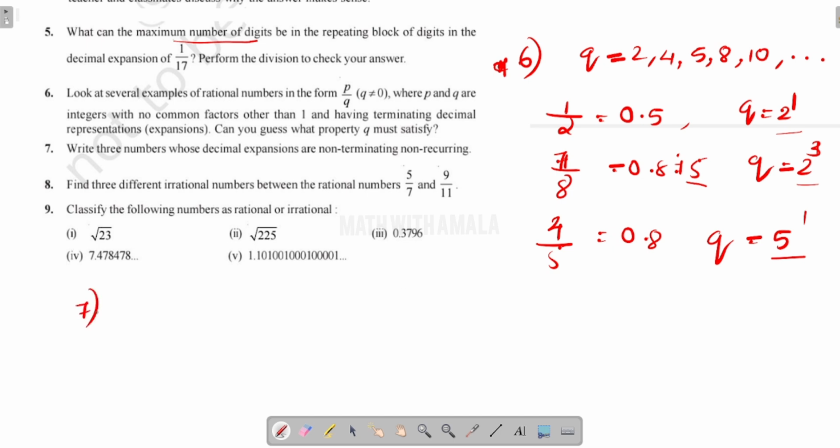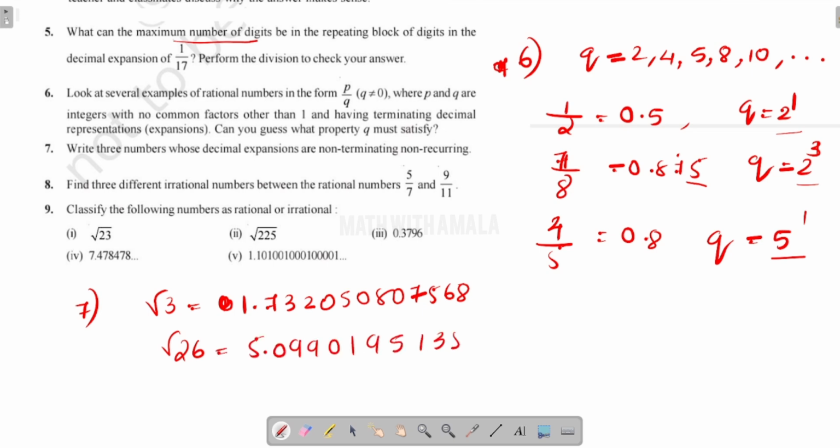Next, the 7th question is to write 3 numbers whose decimal expansions are non-terminating, non-recurring. It should not be recurring, at the same time it should not be terminating. Let's take the irrational number root 3, whose decimal expansion is 1.732050807568.